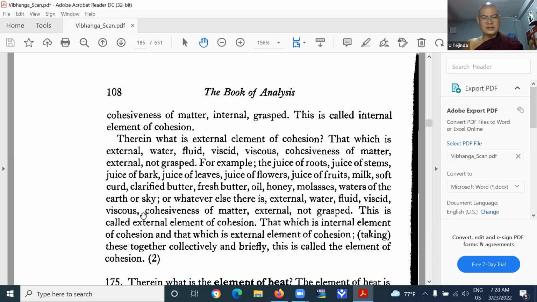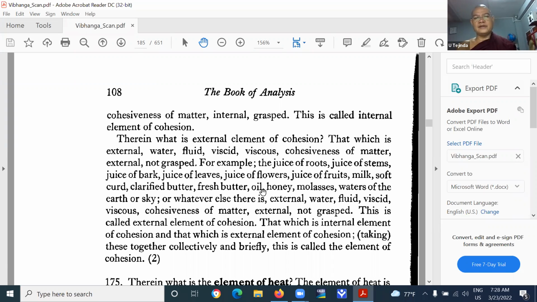So waters of the earth or waters of this kind, any kinds of water. So it's called here water element, external water element. The water inside our body, the cohesiveness in our body, is called internal cohesiveness.